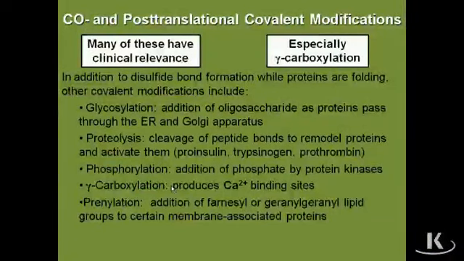Can you remember what drug targets this particular step? Well, it's going to be warfarin, right? Coumadin. How does Coumadin work? Well, gamma carboxylation absolutely requires what vitamin? It's the coagulation vitamin, vitamin K. So Coumadin is going to work by blocking vitamin K's ability to participate in this gamma carboxylation reaction.